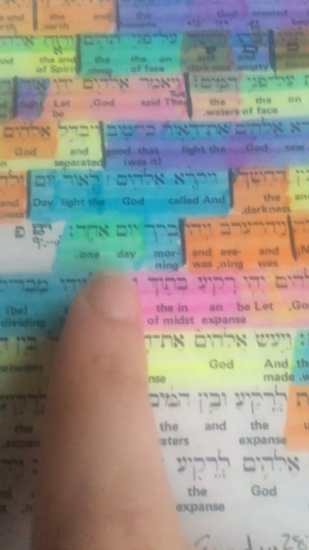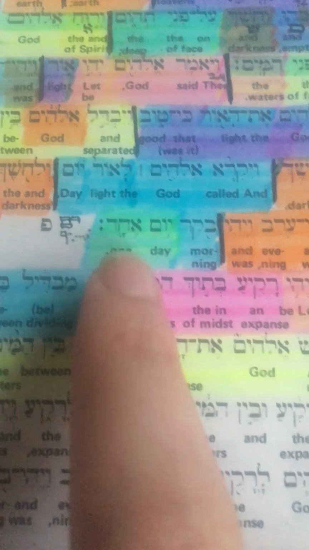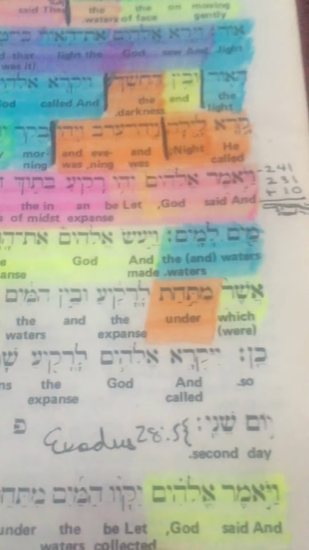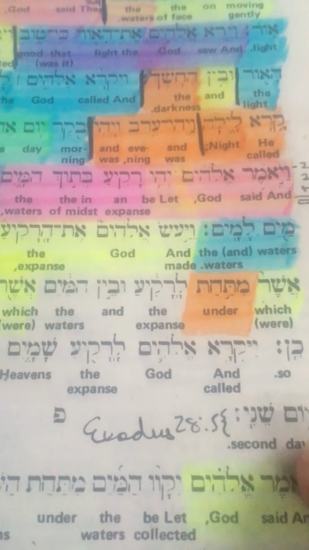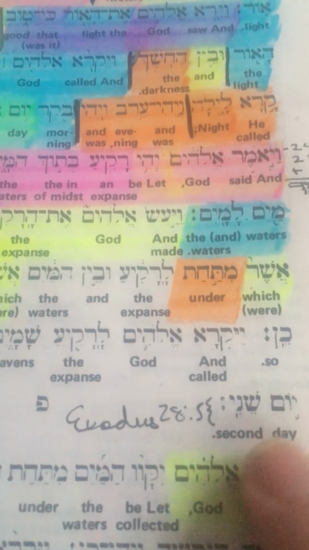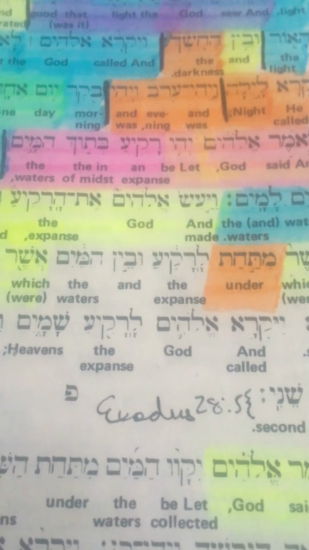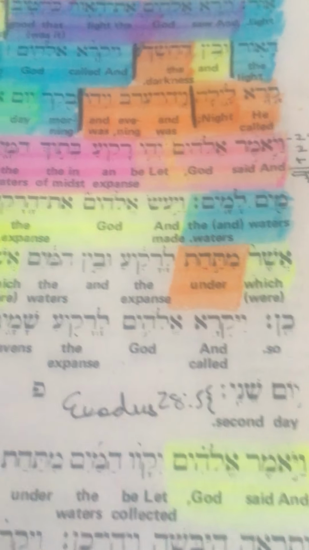Well, in order for us to understand what the unity of Echad is, we must first analyze the second day, Yom Shani. Exodus 28:5 is pointed out here. Now let us go to Rashi's.